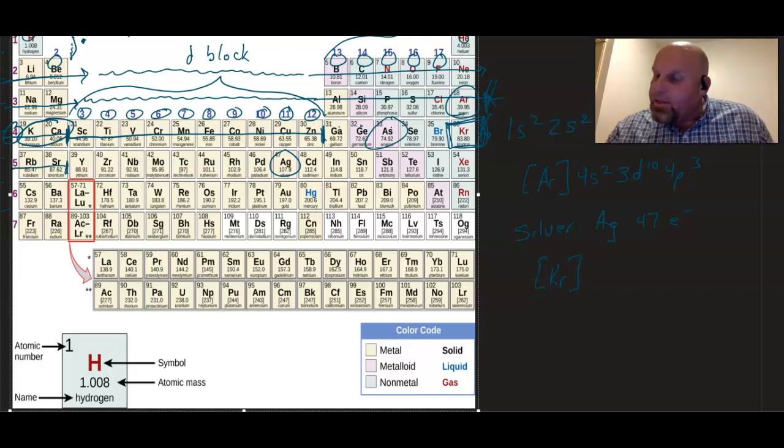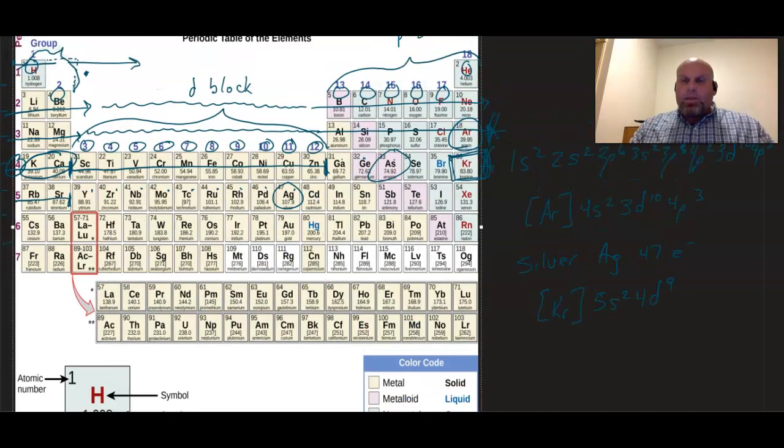And then I'm in the D block. Again, the D's are one behind the S's. So this would be 4d: 1, 2, 3, 4, 5, 6, 7, 8, 9. 5s2, 4d9 would be the configuration for silver.